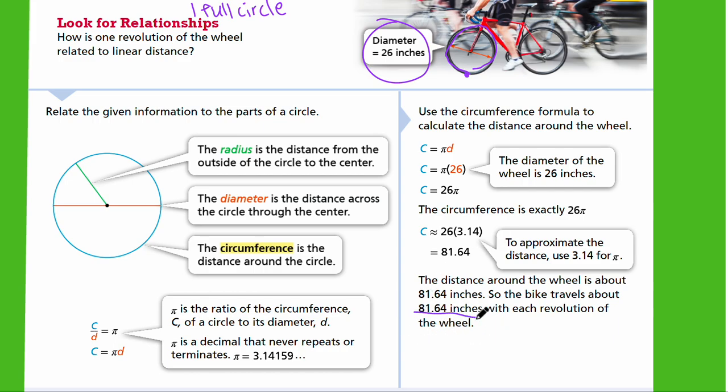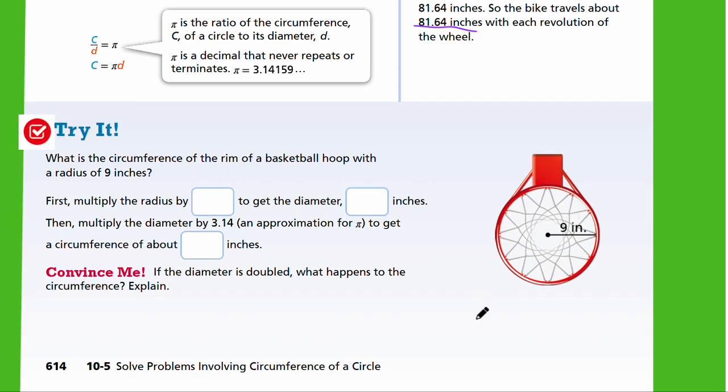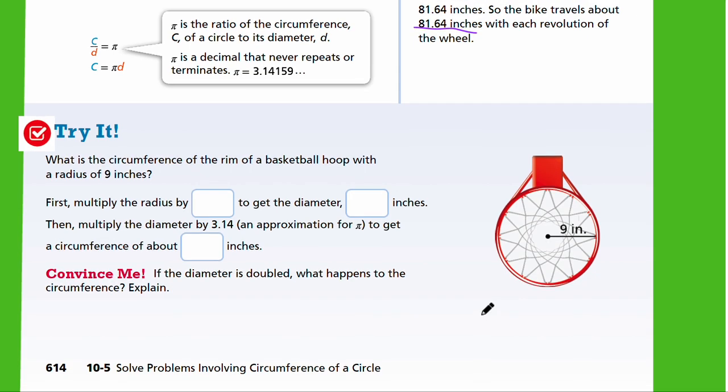Okay, so let's look at try question number 1. What is the circumference of the rim of a basketball hoop with a radius of 9 inches? So first multiply the radius by what to get the diameter? You have a radius, you need a diameter so that you could multiply the diameter with a pi to get the circumference, right?